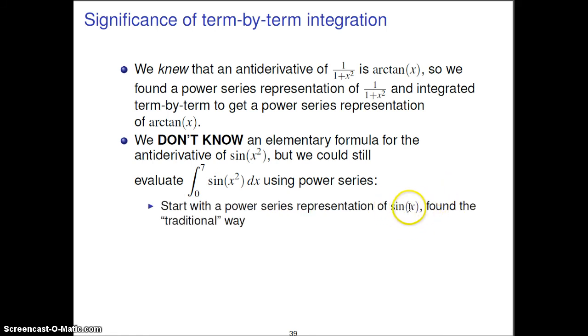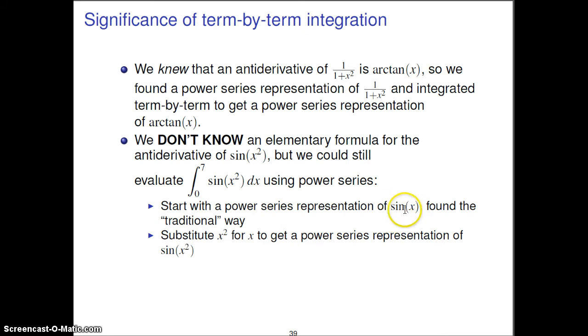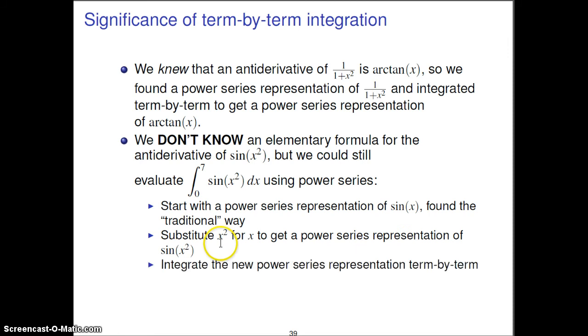We started with a power series representation of sine of x, and here we did take derivatives of sine of x. We took an infinite number of derivatives and found what c sub 0 is, c sub 1 is, and so on. And then, using the power series representation of sine of x, we found the power series representation of sine of x squared by doing a substitution.